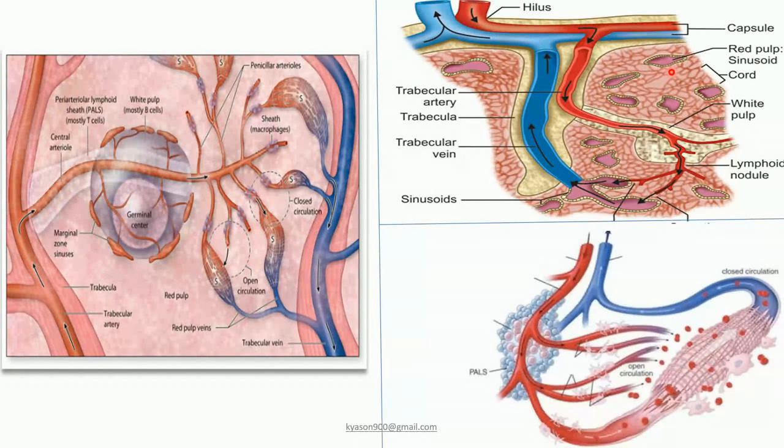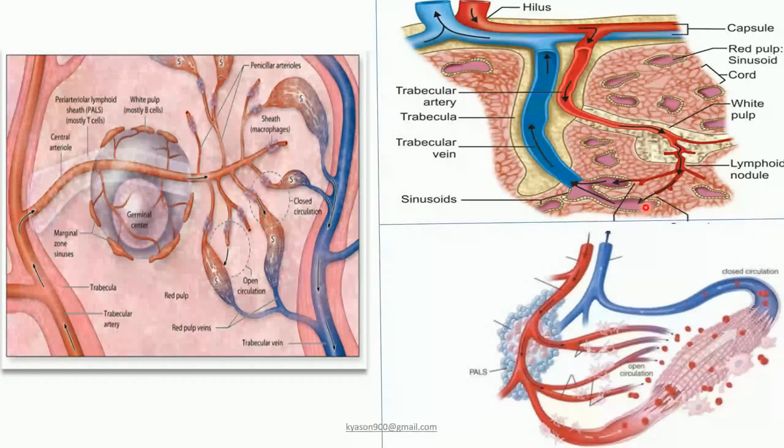These sinusoids are blood channels that are very unique. They have spaces that allow red blood cells to leak out into the splenic tissue. Once red blood cells leak out, eventually they come back into the blood, but if a particular red blood cell is worn out, if it has reached its lifespan, it may not be in a position to come back into the circulation.